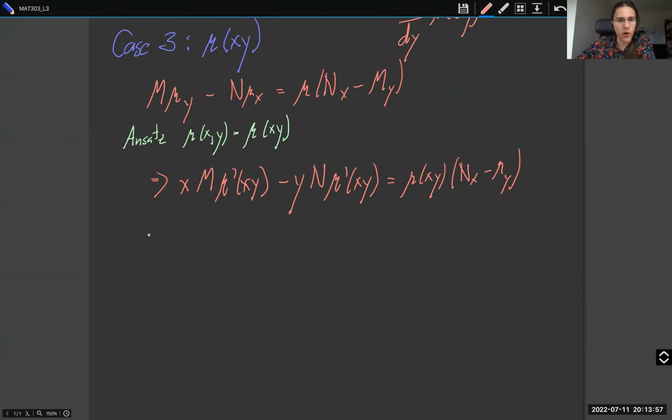And so as a consequence, when we take d mu over mu, evaluated at xy, this is going to equal, let's say we make a substitution z equals xy, then this would be d mu over dz.